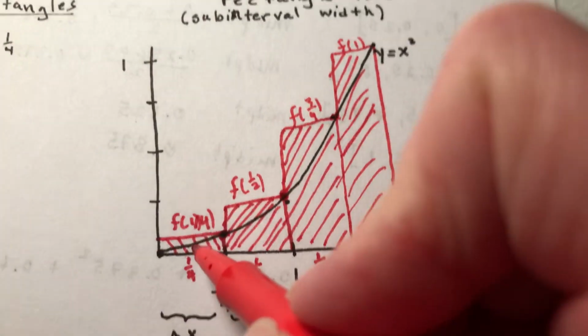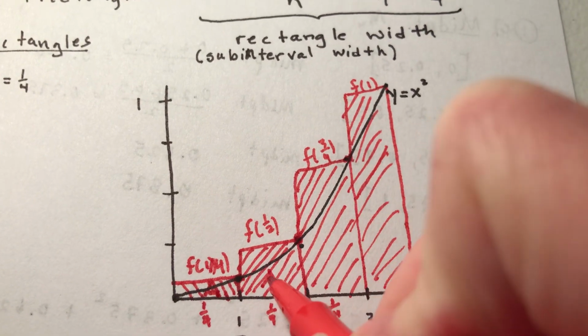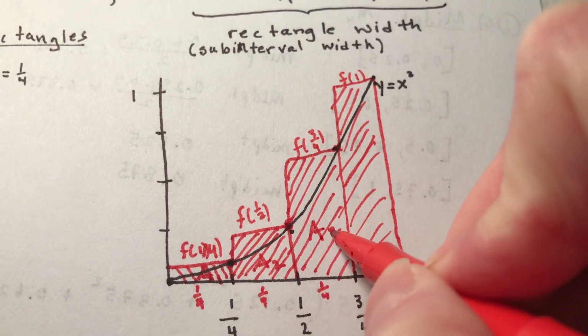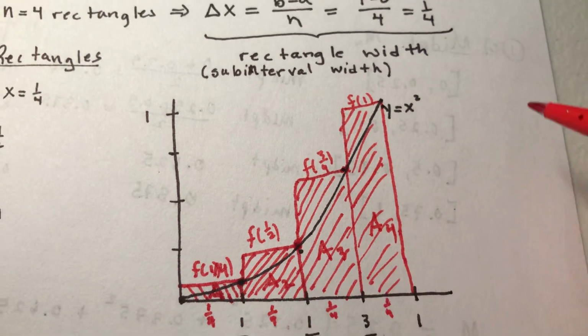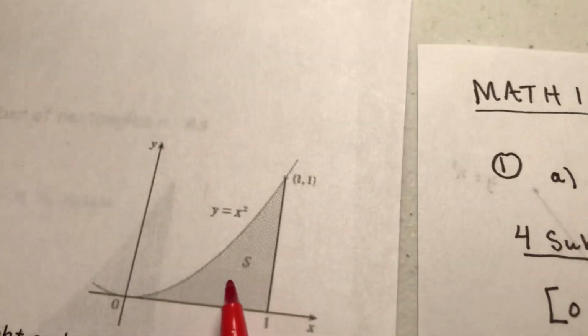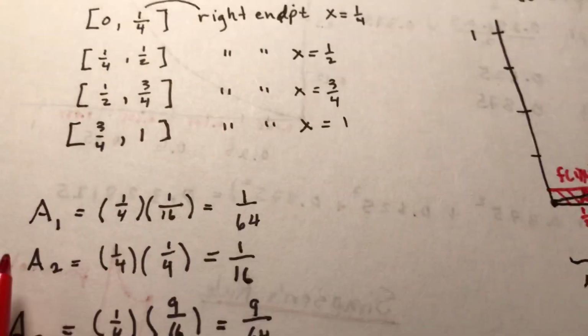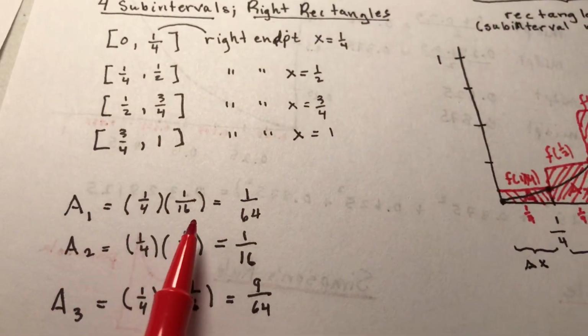Now I'm going to call the first rectangle A1, this one A2, this one A3, and this one A4, and we're going to calculate those areas to estimate S, the area under this curve, as your book calls it. Area 1 is 1/4 times 1/16.